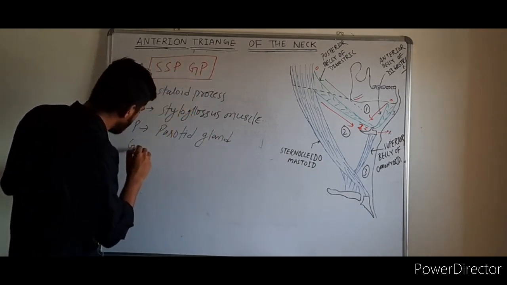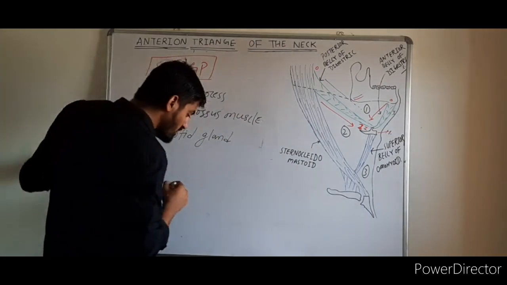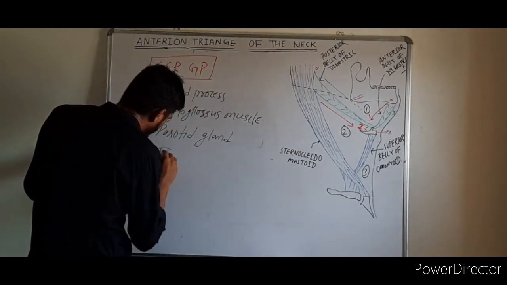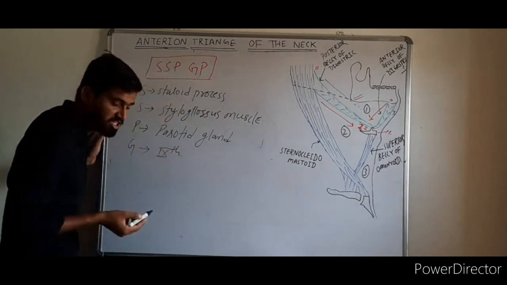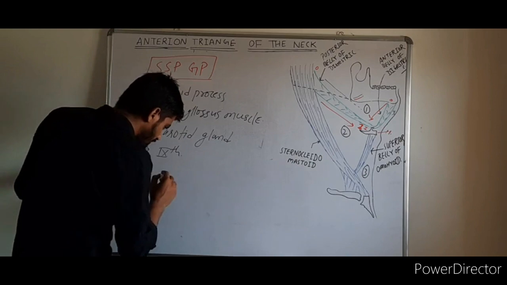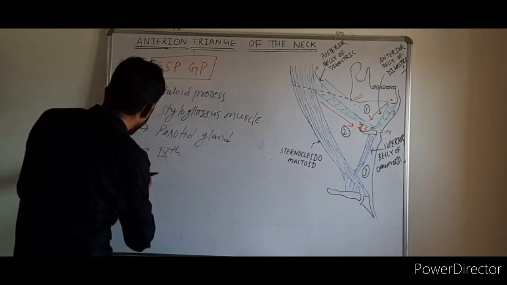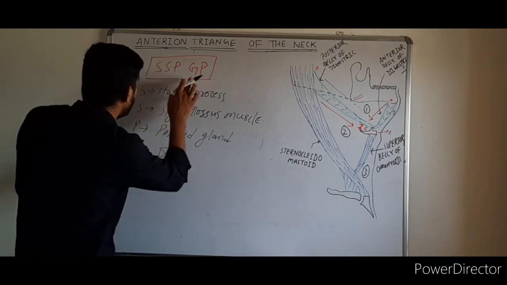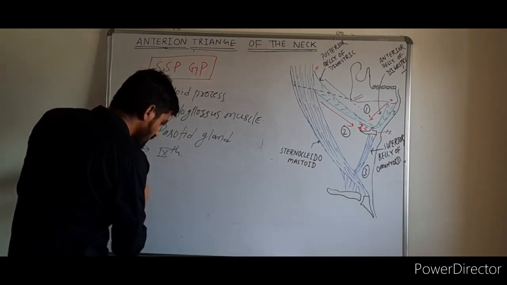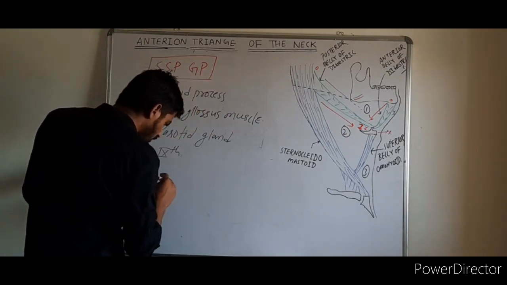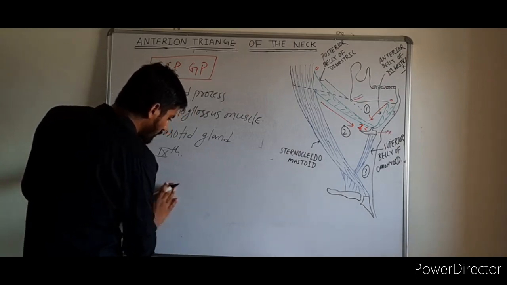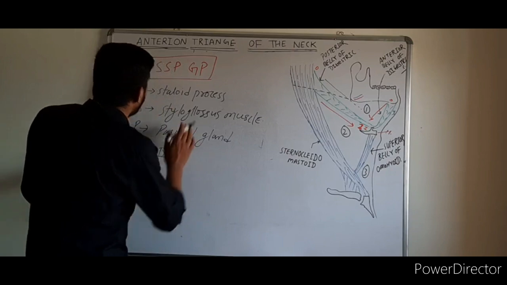G means glossopharyngeal nerve, the ninth nerve. And P means pharyngeal. SSP, G, again P. P means glossopharyngeal and the deep structure.